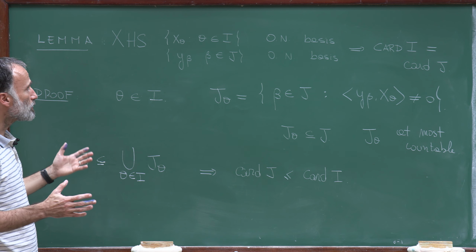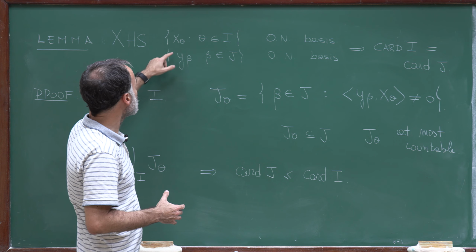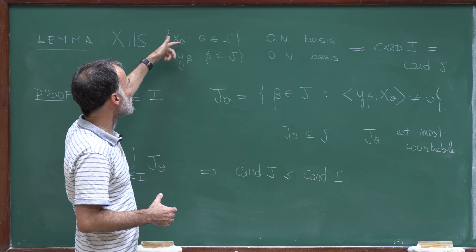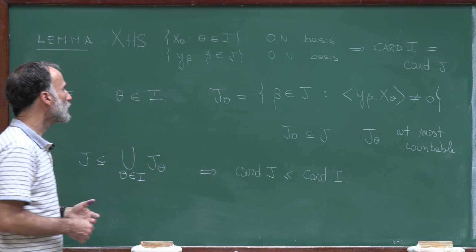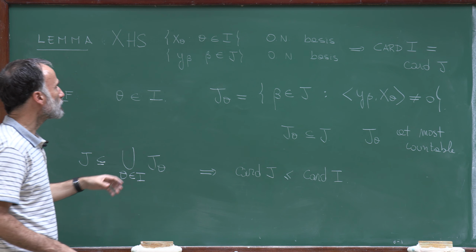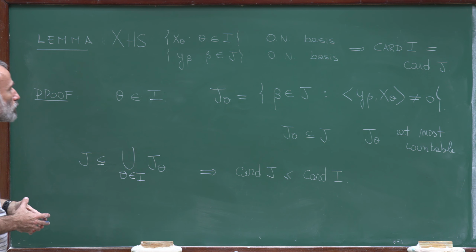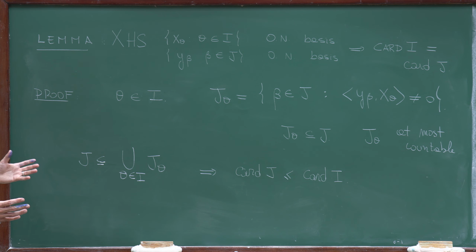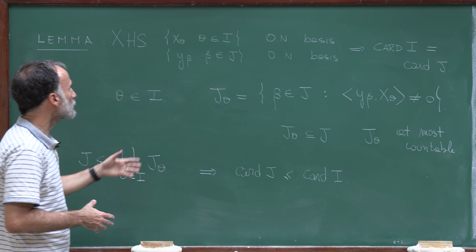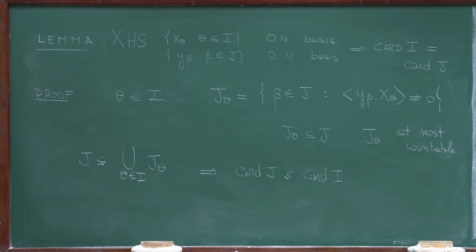I leave it to you as an exercise to prove this lemma in the case in which one of these sets is finite. You can use Gram-Schmidt in order to show that the number of elements are exactly the same in both sets.